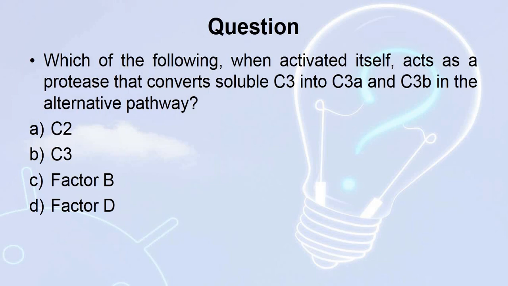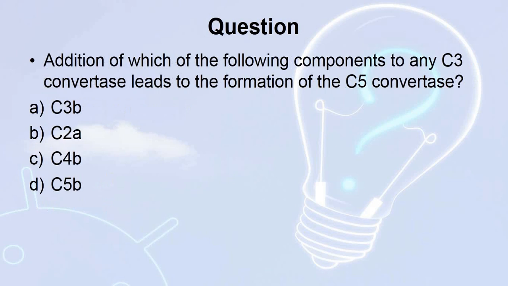Now, some questions to end this segment. Next question. Addition of which of the following components to any C3 convertase leads to the formation of C5 convertase? C3b, C2a, C4b, C5b.